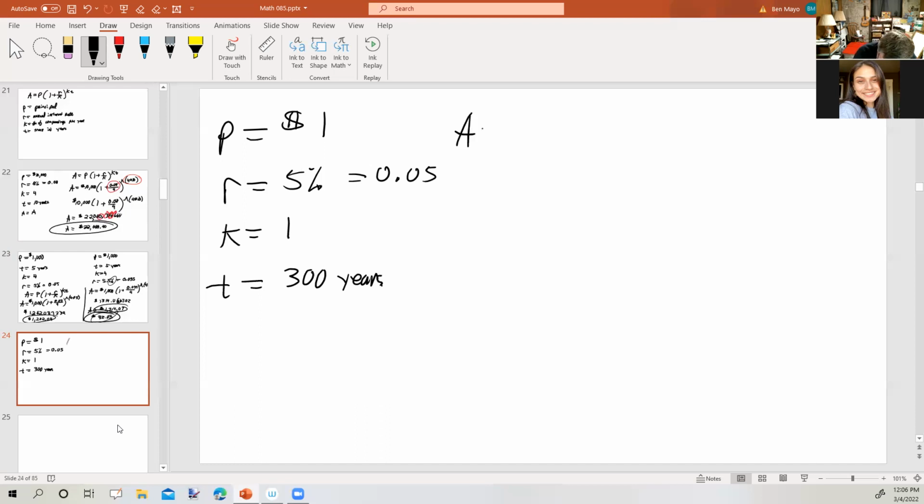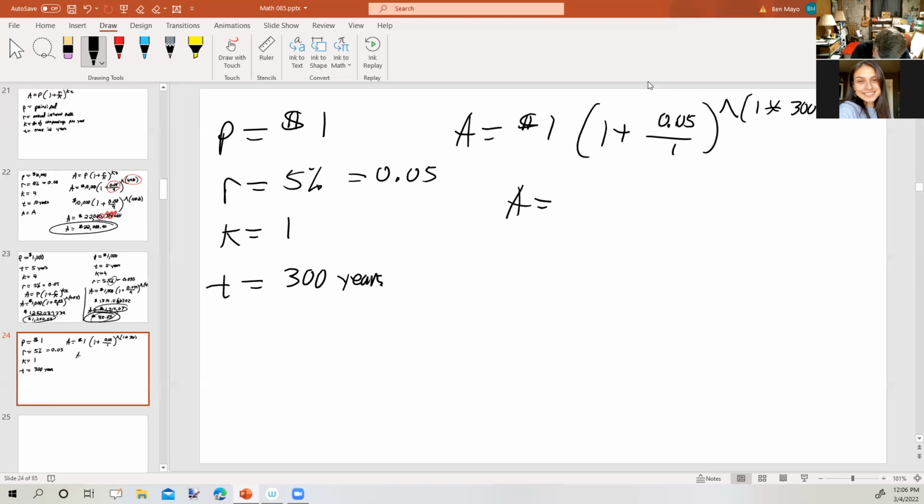Okay, so let's see what we get. Since K is 1, I guess I could have just left it out. If I simplified this, I'd have what? 1 times 1.05 to the 300th power, because this 0.05 divided by 1 would be 0.05, plus 1 would be that, and 1 times 300, etc. Okay.